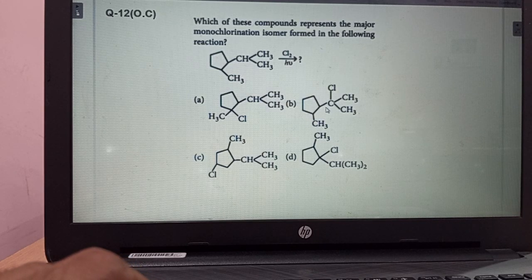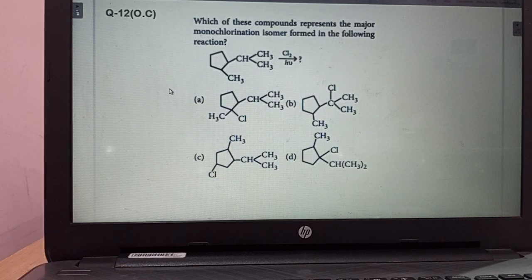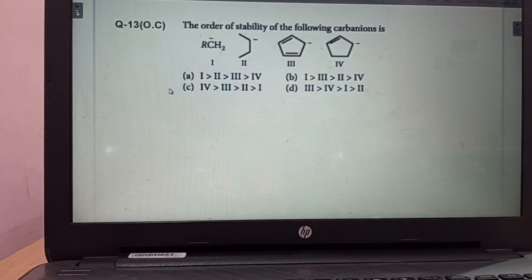A tertiary radical is there, and the tertiary butyl free radical is definitely stable. So the second one is going to be formed as the major product in this reaction. Okay, the second option is the right option. Let us move on to the next question.